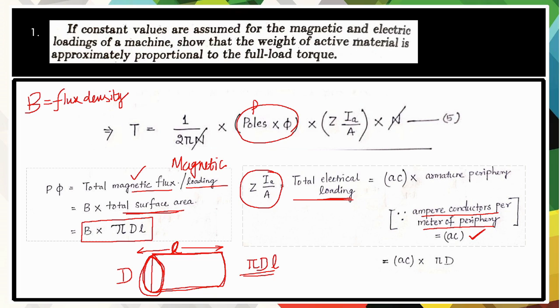AC, multiplied with armature periphery, will give us the total electrical loading. So Z into Ia by A can be expressed as AC into pi d. And here we saw that armature periphery is pi d.